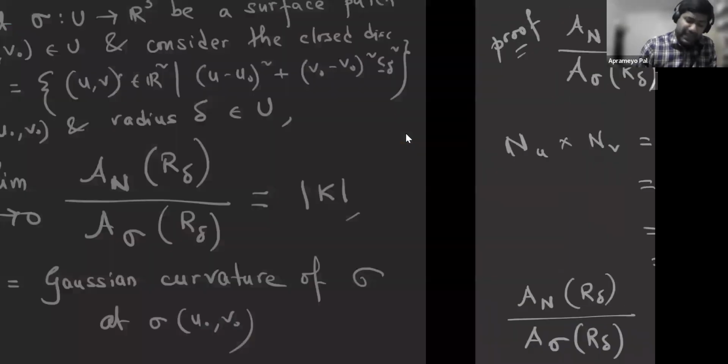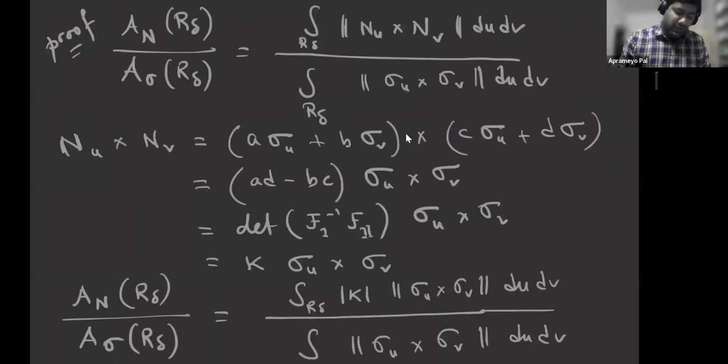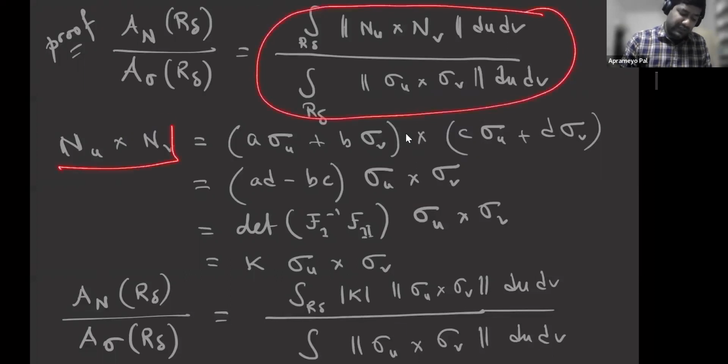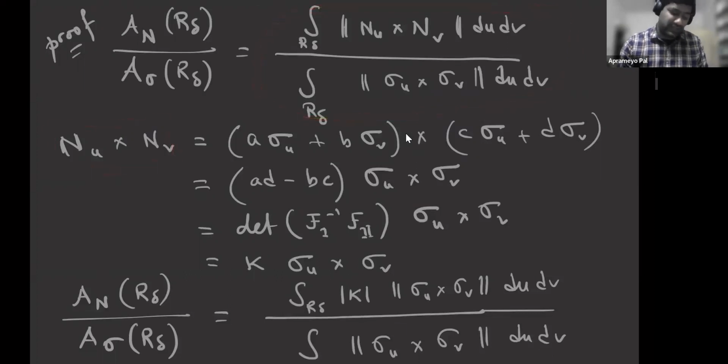And the proof is, as I was telling you, we just write the definition at first, and then again this technique we have done now many times. What is Nu? Nu is a vector in the plane generated by sigma u and sigma v, because Nu is perpendicular to N, and you have a basis of R3 which is sigma u, sigma v, and N. So that should be a linear combination of these two.